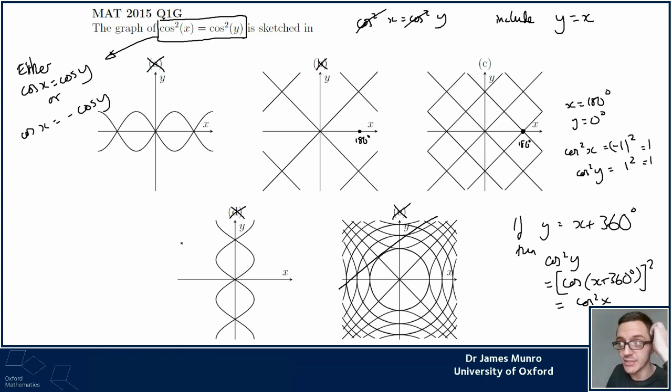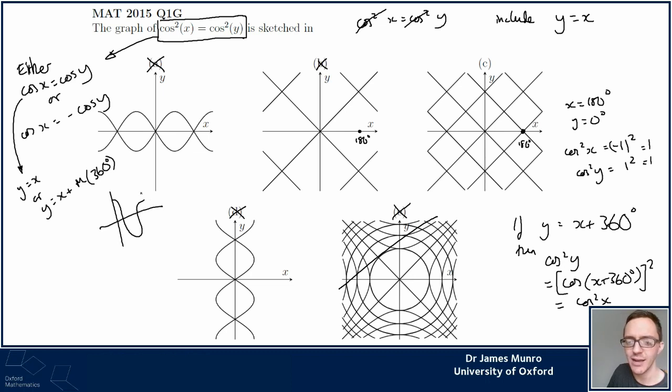Those are both possibilities. If cos x is equal to cos y, then I might have y equals x, or y equals x plus m times 360 degrees.